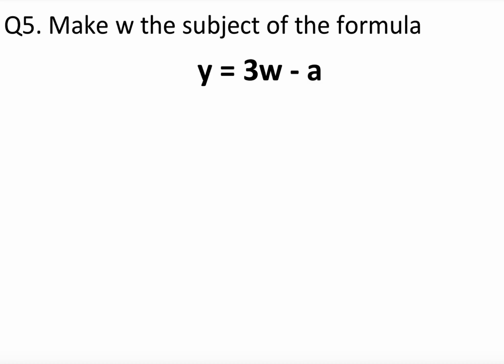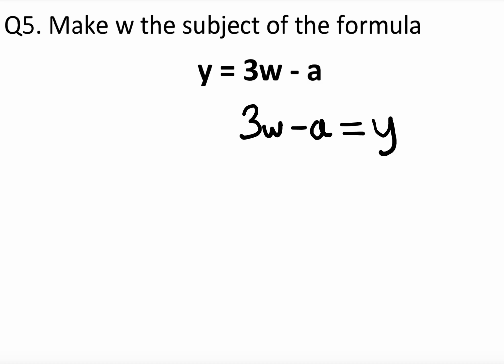It's a bit of algebra. So 3W minus A equals Y, that is the same. All I've done is moved the equals and Y to the other end of the formula.